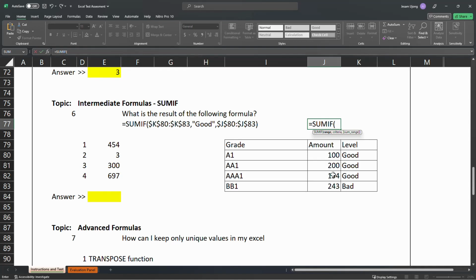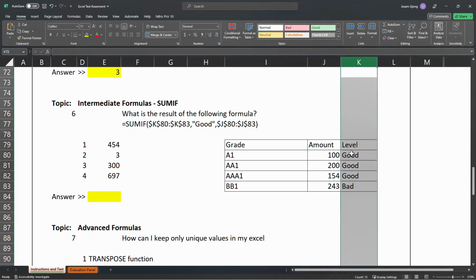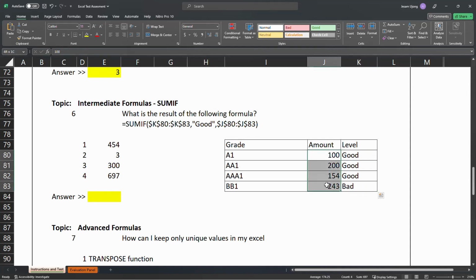So it's basically saying sum J80 to J83, where K80 to K83 is equal to good.